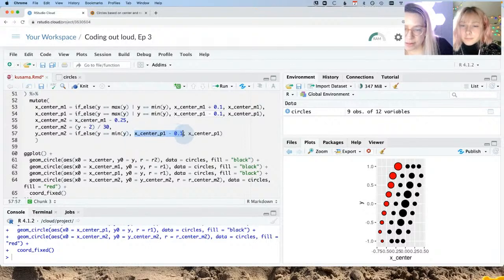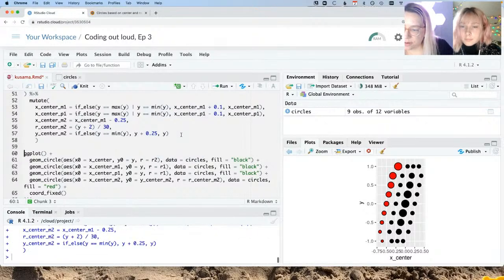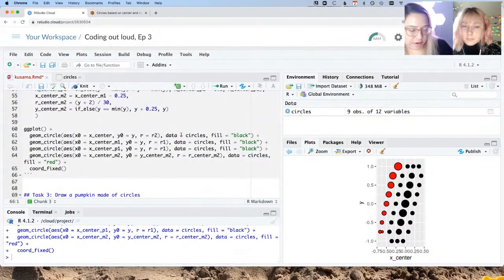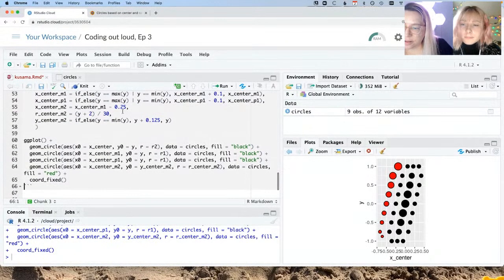we make it the value of y plus 0.25, otherwise y. Not 0.25, something less. Half of that, 0.125, maybe. And then we want the x shifted the same way as well.